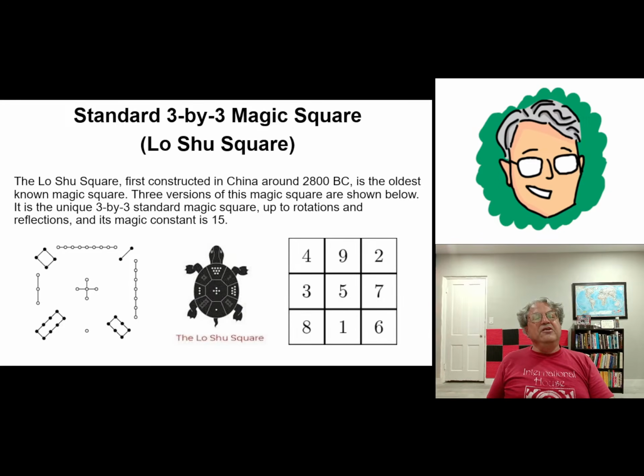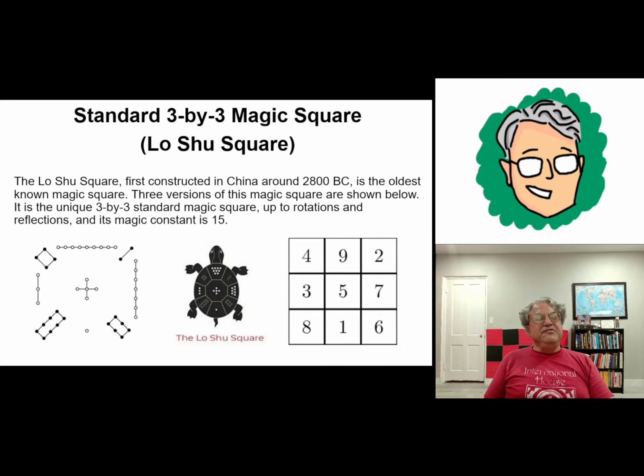They didn't have the Arabic numerals we do today. The modern version is shown on the right, and on the left, I guess they used little patterns of dots with that number of dots. The top row is 4, 9, 2, then 3, 5, 7, and then 8, 1, 6.